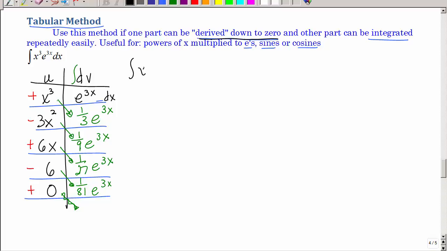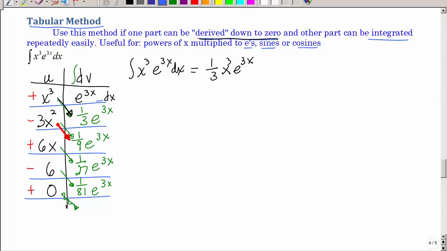So if we have the integral of x cubed e to the 3x dx, it's going to equal 1/3 x cubed e to the 3x. Then I'm going to have minus 3x squared times 1/9.